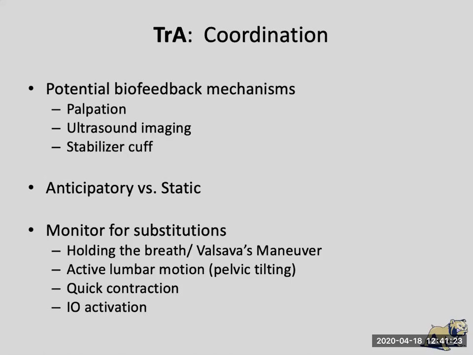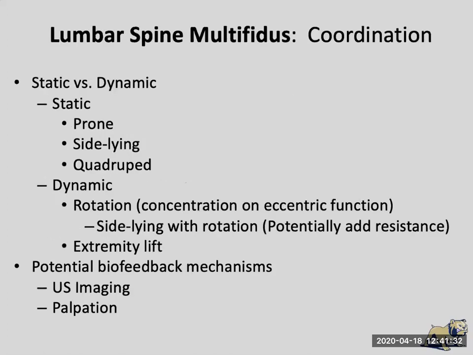So the patient holding their breath and using Valsalva's maneuver, essentially to try to brace the abdominals there. And coordination impairments, again, are static positions that we might train in: prone, sideline, quadruped.